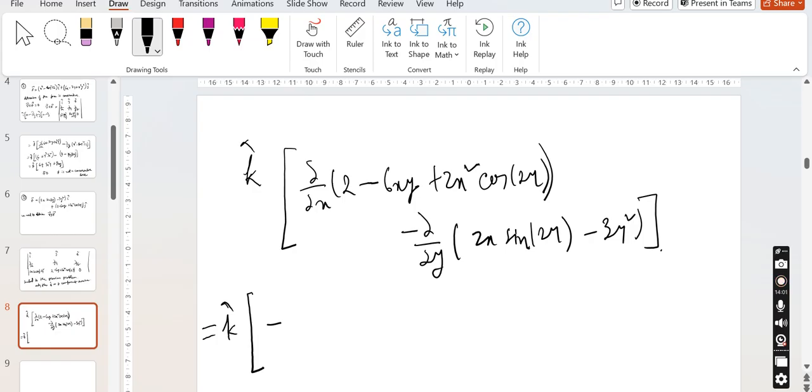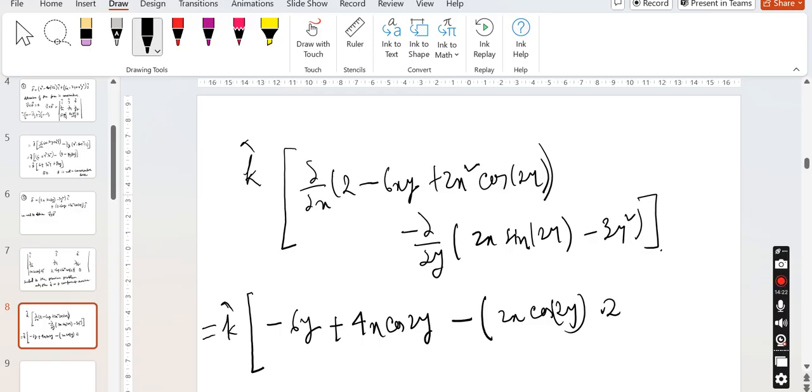This will be minus 6y plus 4x cos 2y, and this will be 2x cos 2y into 2, because here y has a coefficient 2, which is 2y.